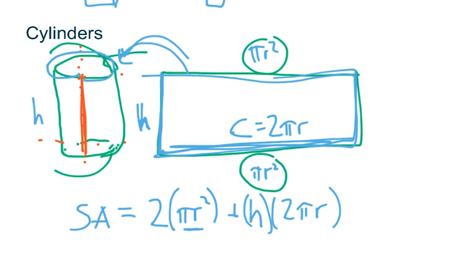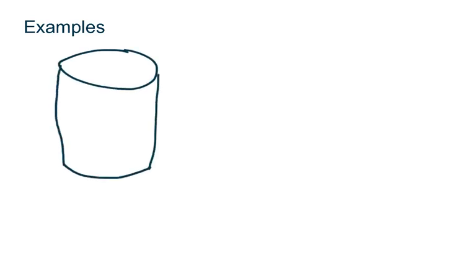Now, let's actually put it into application here. So let's say we have, for an example, a cylinder that looks like that. And we're told its radius is 4 centimeters and its height is 6 centimeters.